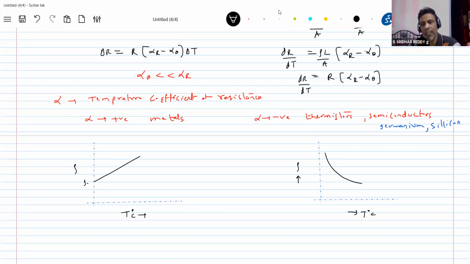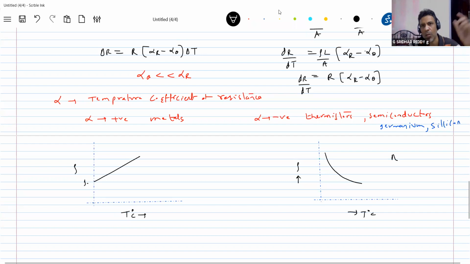In case of a conductor, the concentration of free electrons will be very small, only a very small increment will come, but tau will dominate. Tau will decrease, because of that rho was increasing. This is what happens in conductors. In case of semiconductor germanium, eta will dominate. Eta will increase by a large amount, so the resistivity will decrease.